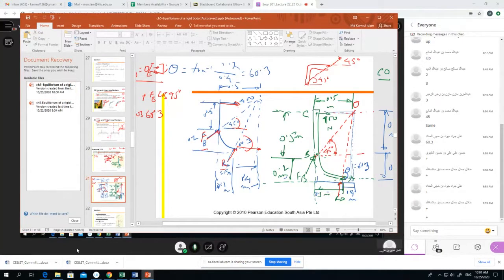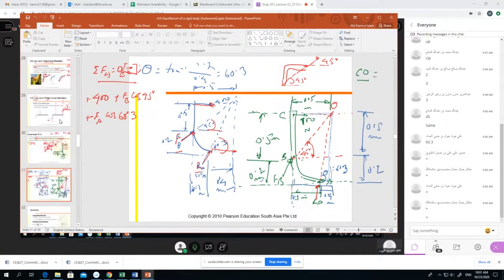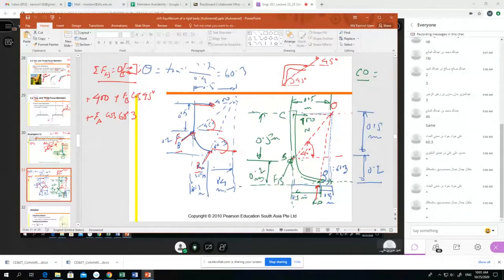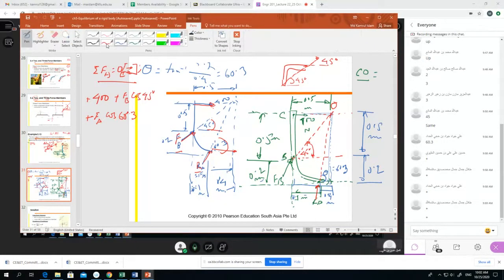So here, we assume the force is upward, right? So I drew it wrong. It will be downward at this point. Sorry for that. For member BD, if we assume upward, then for the other member it must be downward.